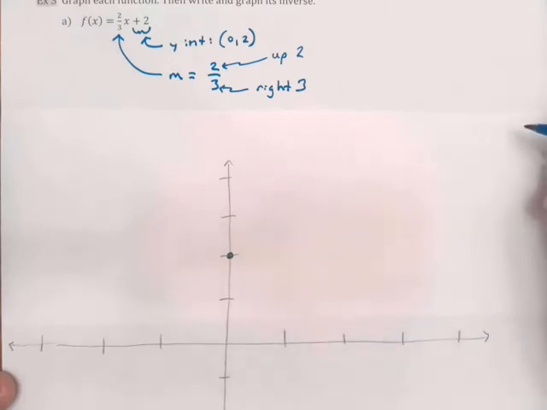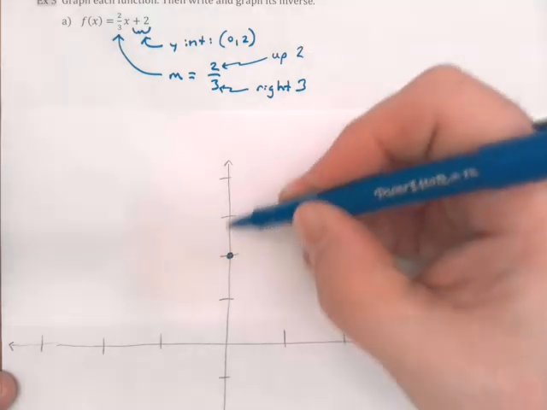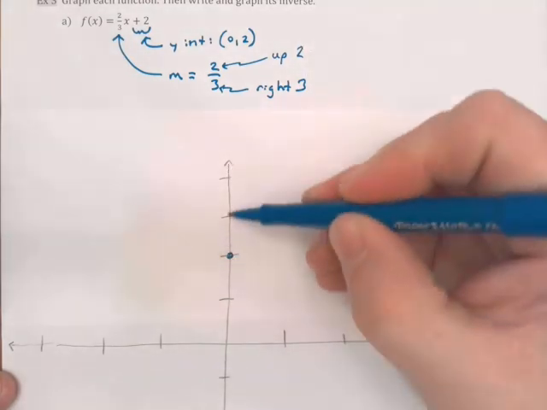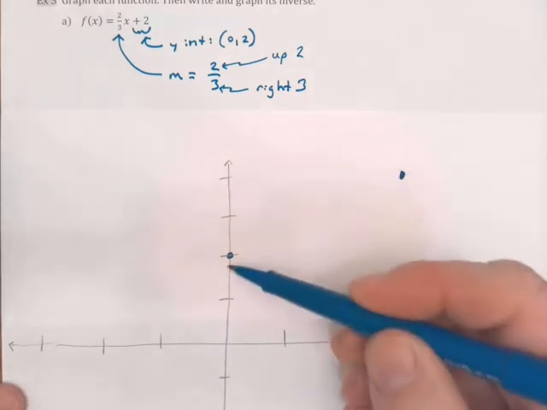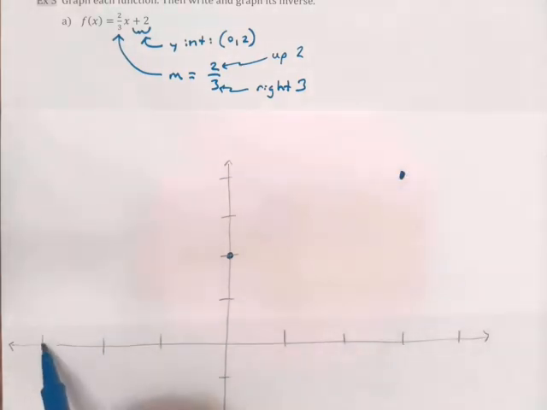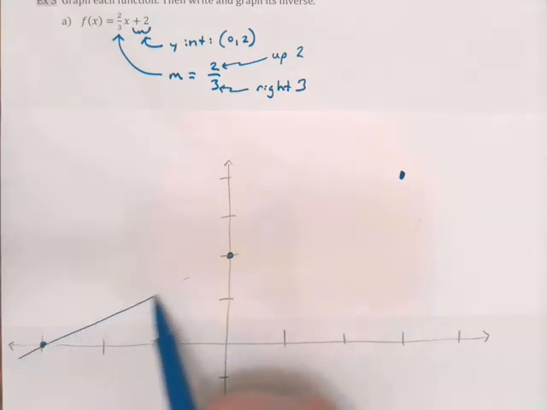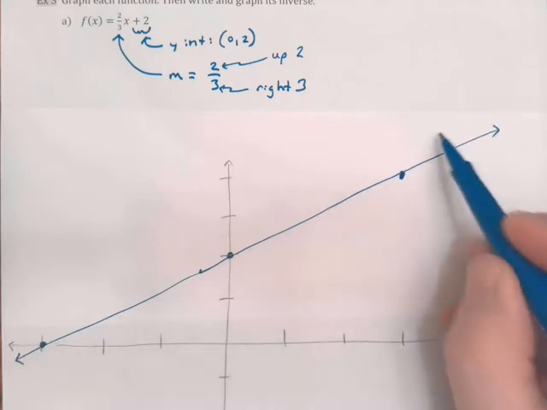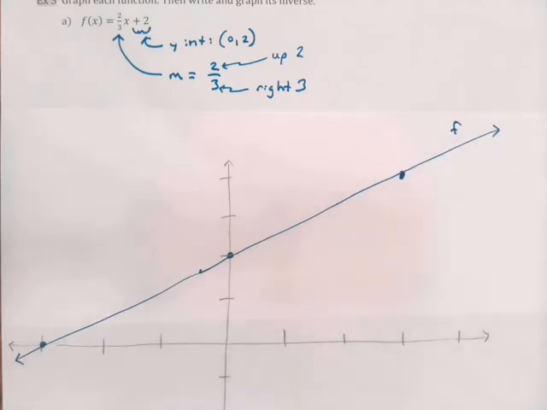And then to get more points, I'm going to go up 2 and over to the right 3. You could also go down 2 and left 3. That would give us more points. So we end up for the original function f with a graph that looks about like that. That is function f.